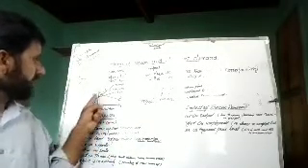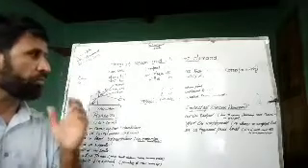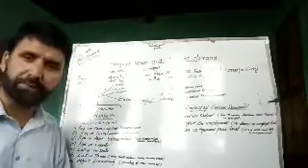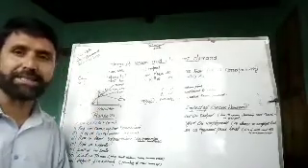This point E is the equilibrium point, and this point E1 is the over full employment situation. And you know that the difference between E and G point is called excess demand.